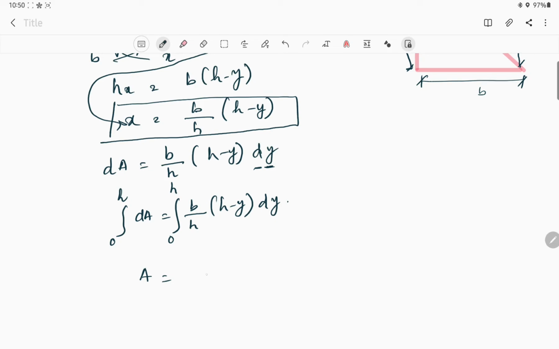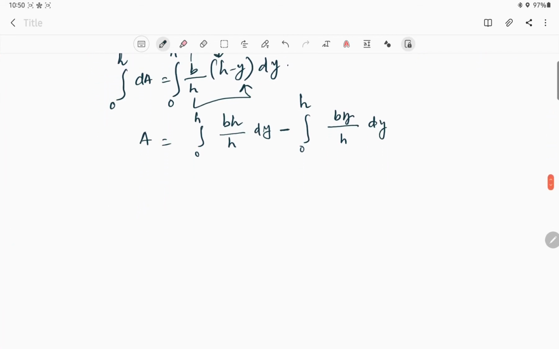Again, what we will do here, integral 0 to h, multiply this one. So what will happen? bh by h into dy minus integral 0 to h b by h y dy.